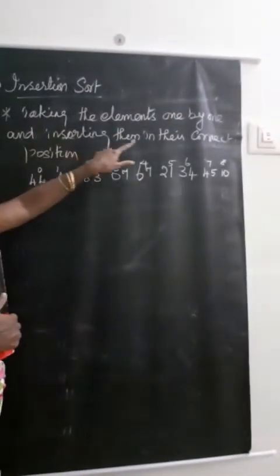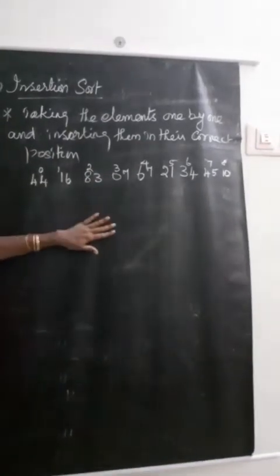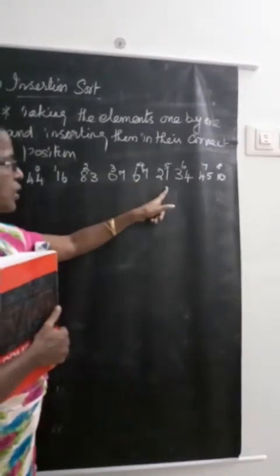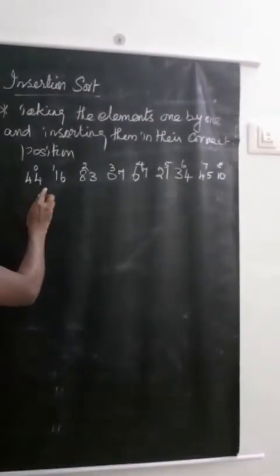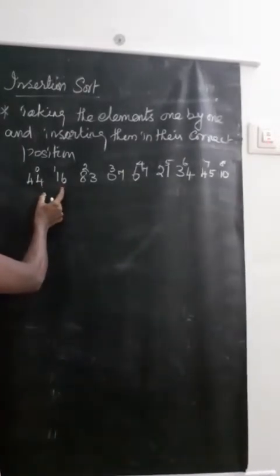Taking the elements one by one and inserting them in their correct position. For example, the unsorted array 44, 16, 83, 07, 67, 21, 34, 45, 10. The positions are given at the top of the values. First, take 44; 44 is sorted. 44 is compared with the second element.